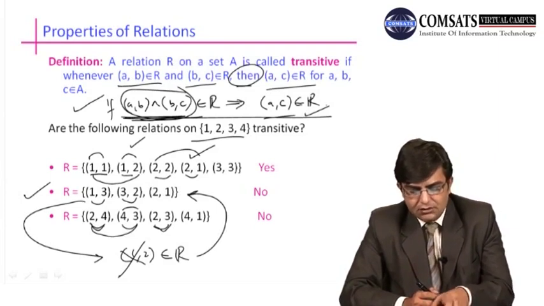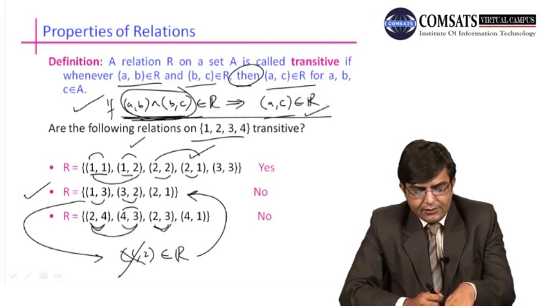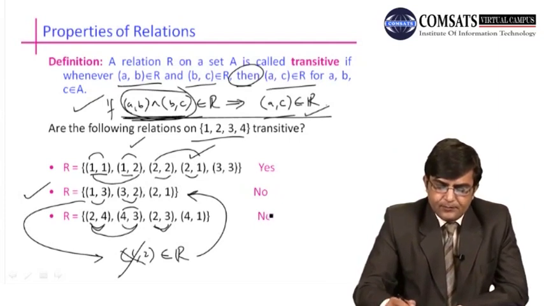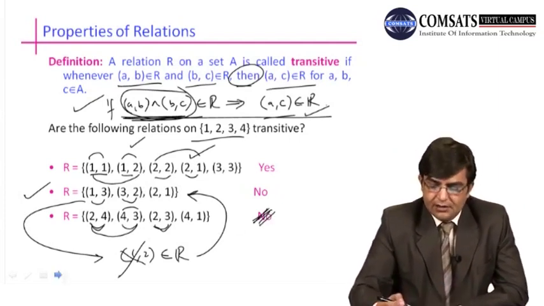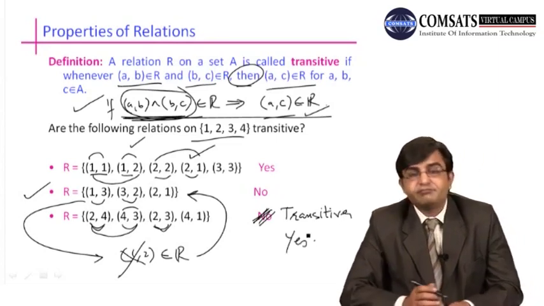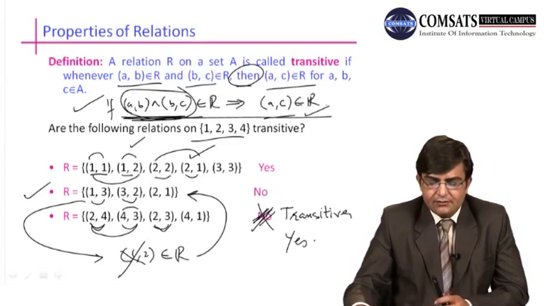But there is no relation of 3 to any other, and 2 is related to 4, 4 is related to 1, and 1 is related to no one. So this relation must be transitive also. So this relation is also a transitive relation.